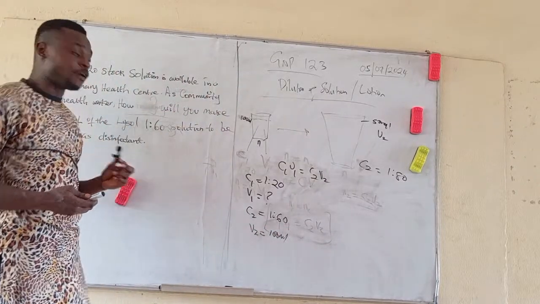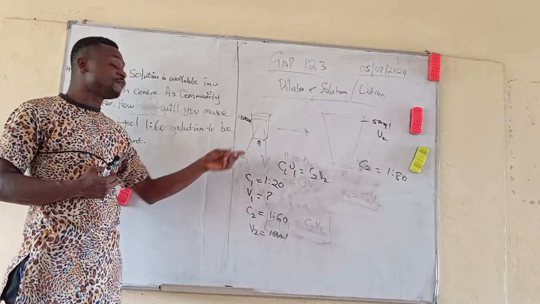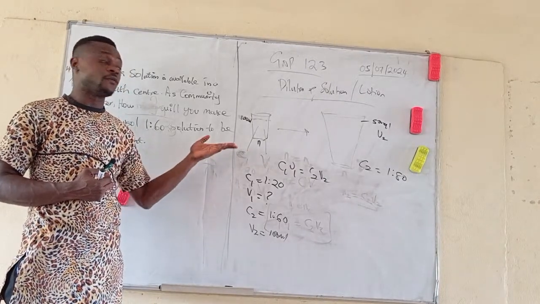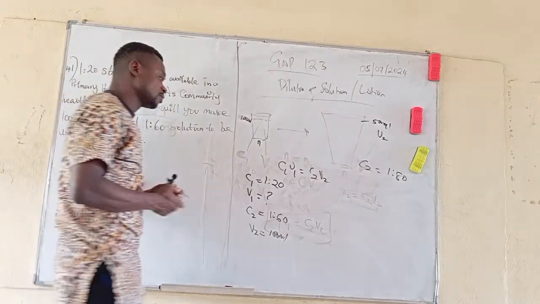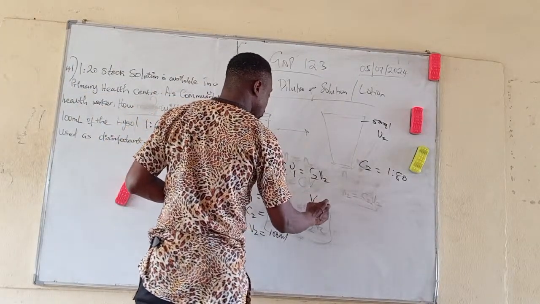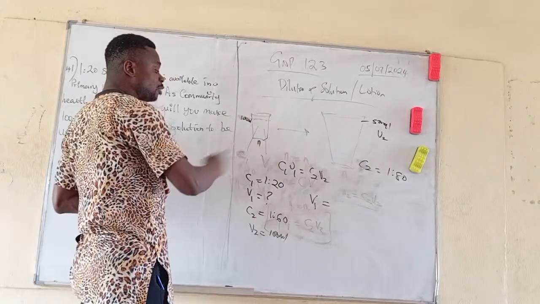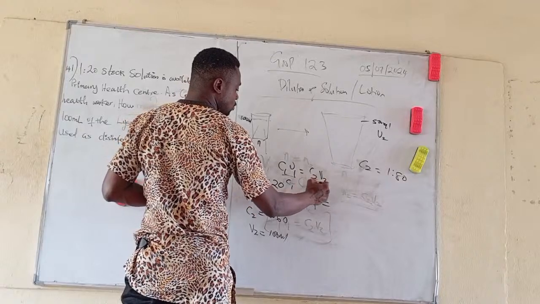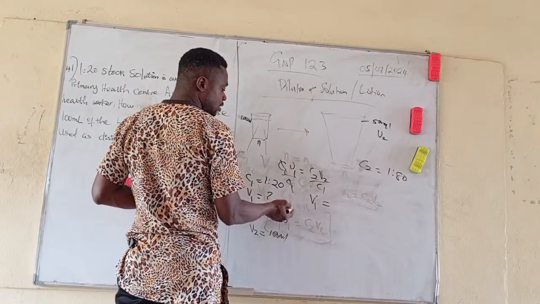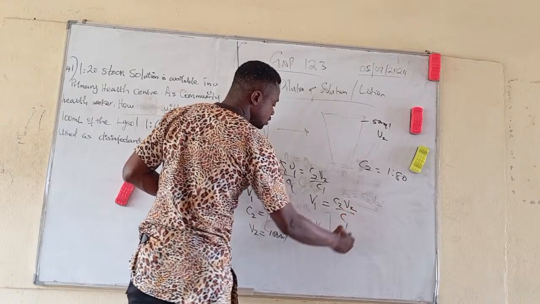So instead, we are looking for V1, so we make V1 the subject of the formula. You divide both sides by C1. C1 cancels, and V1 is now equal to C2V2 over C1.